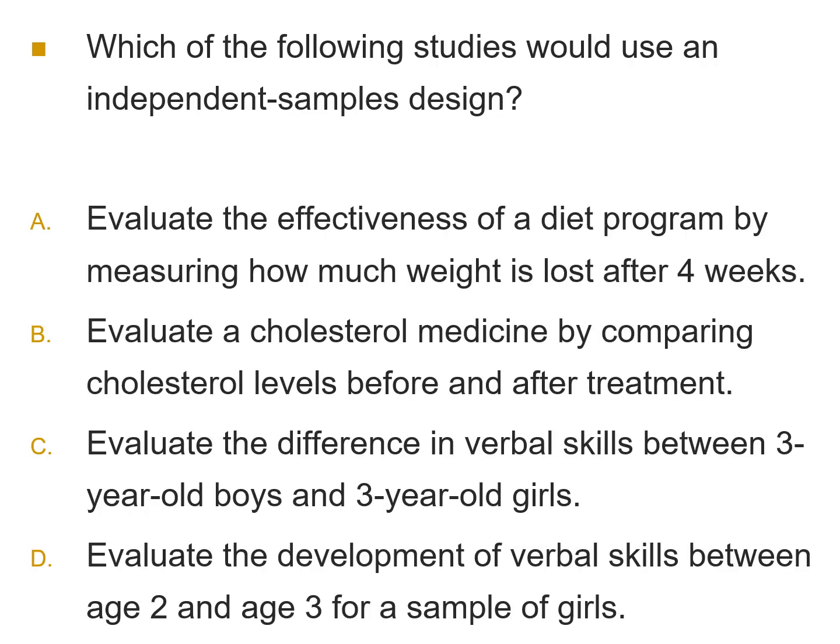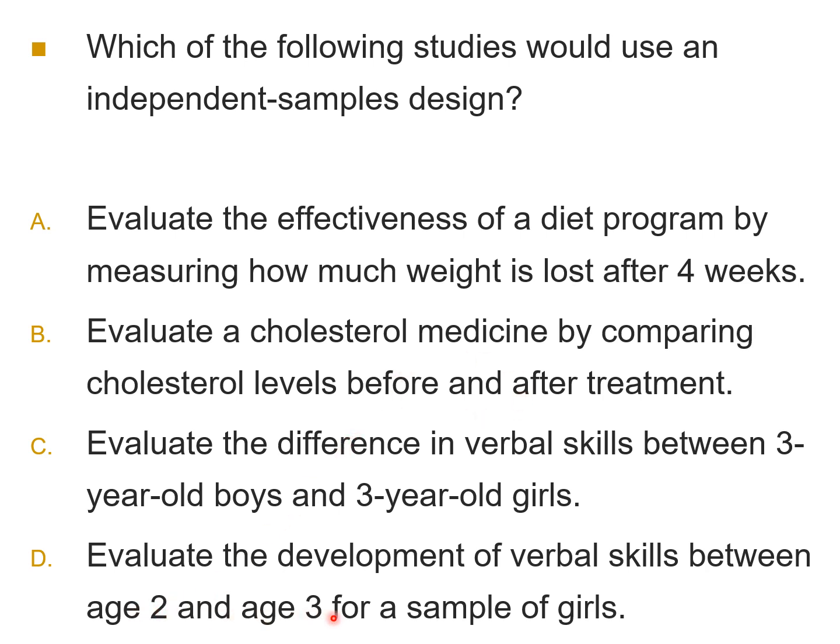Which of the following studies would be an independent samples design? Remember, it has to be one group compared to another group. You can't be in both groups. So it can't be a change, it can't be a before and after. So in this case, change after 4 weeks, before and after, not independent. Before and after, not independent.